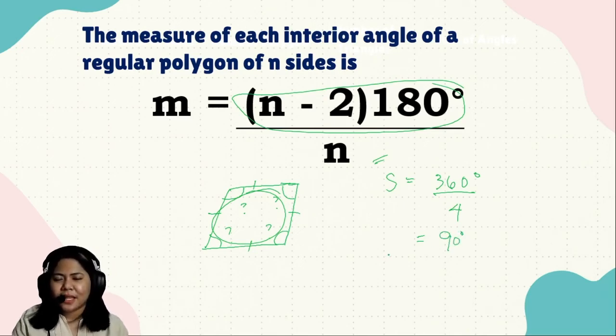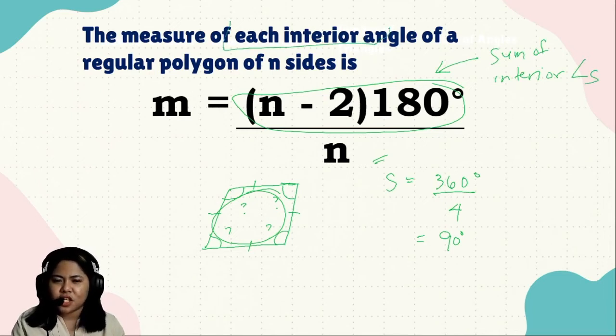So sa quadrilateral na ito, each interior angle of a regular quadrilateral ay may measure na 90 degrees. Okay, ganun lang kadali. So this is the formula. M is equal to n minus 2 times 180 degrees divided by n. Ito kanina, ito yung formula ng sum of interior angles. Kapag ang hinihingi ay yung each interior angle, divide mo lang sa number of sides.